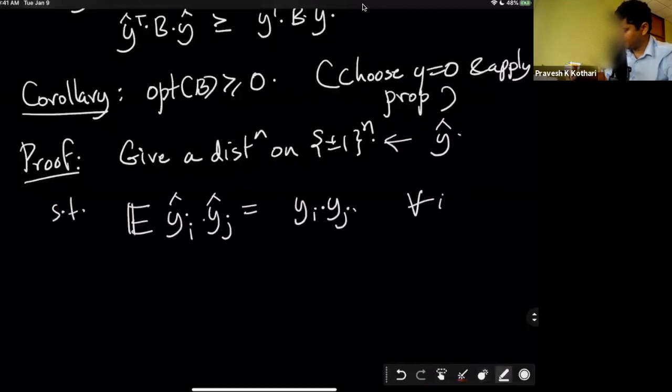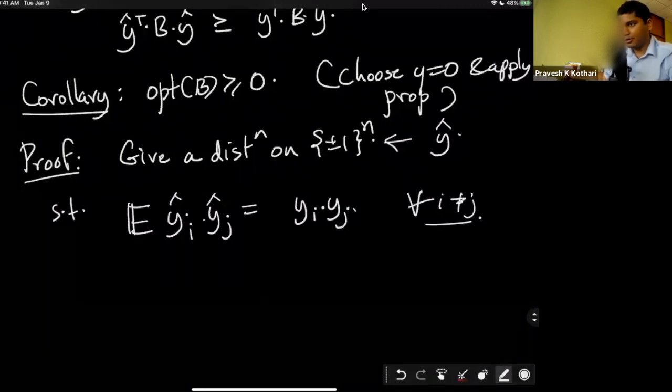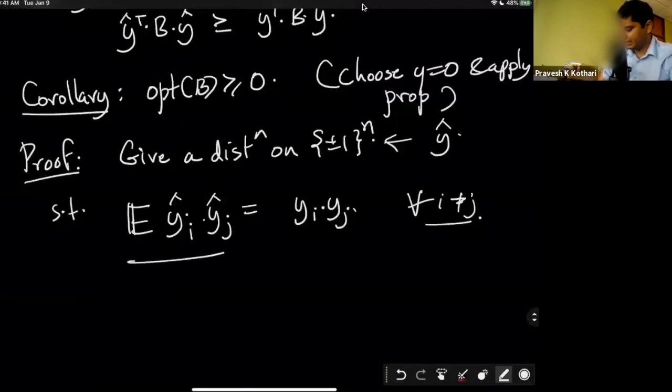The diagonals are coming to bite me. For all i not j, the pairwise correlation of this Boolean valued vector y hat will match that of y.